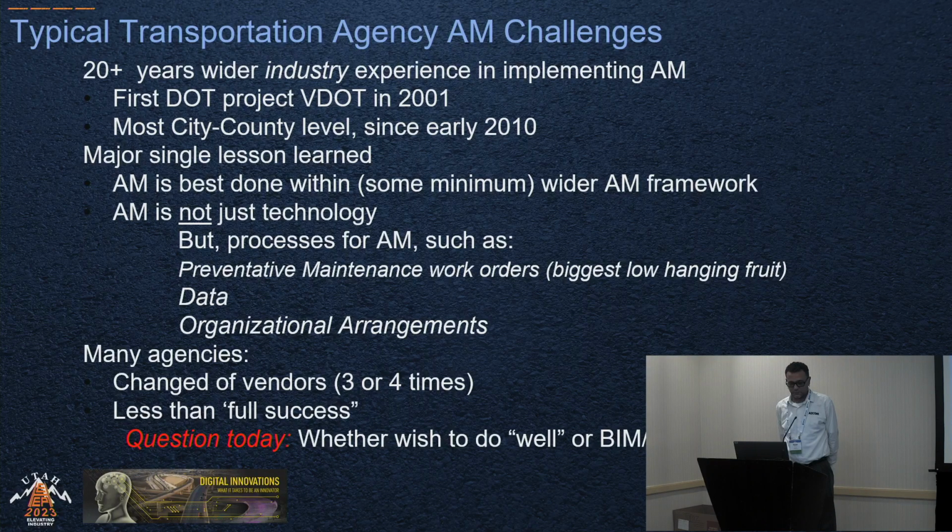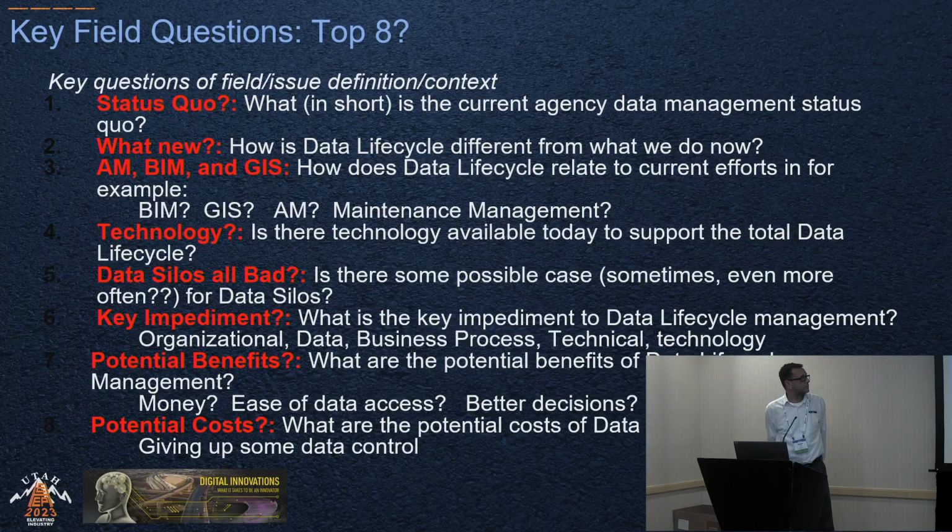What did it take to actually get that thing to work as an enterprise? If there's one bullet I'd highlight, which is very obvious but needs underlining, it's that all this digital stuff is not just technology. It needs a wider architecture to make things work.